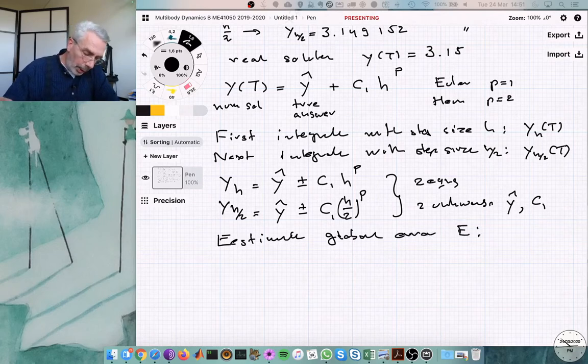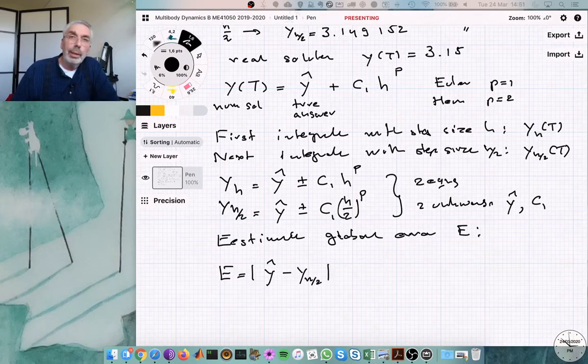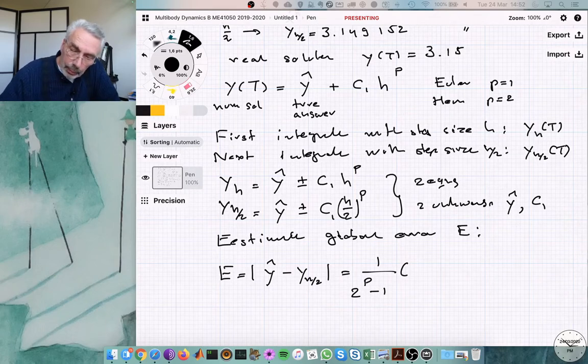From these two, I can determine that this E, in absolute sense, is the true solution minus the most accurate one I calculated. The error in the true solution will be something like 1 over 2 to the power p minus 1, and then we take the difference, y h over 2 minus the solution y h.